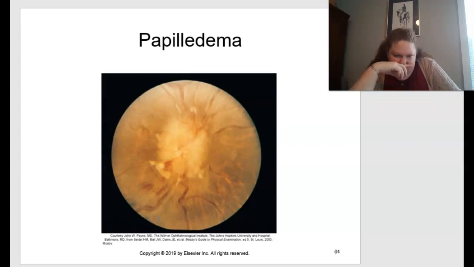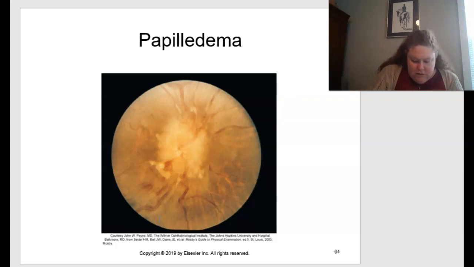So here is a picture of the papilledema, and this is figure 14.9 on page 343. The papilledema is going to be there, and on the figure in your book, it actually shows the displacement and folding of the retina that is occurring.